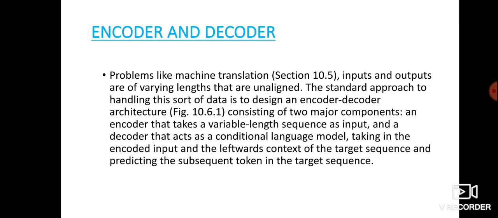Encoder and decoder. In problems like machine translation, input and outputs are of varying length that are unaligned.